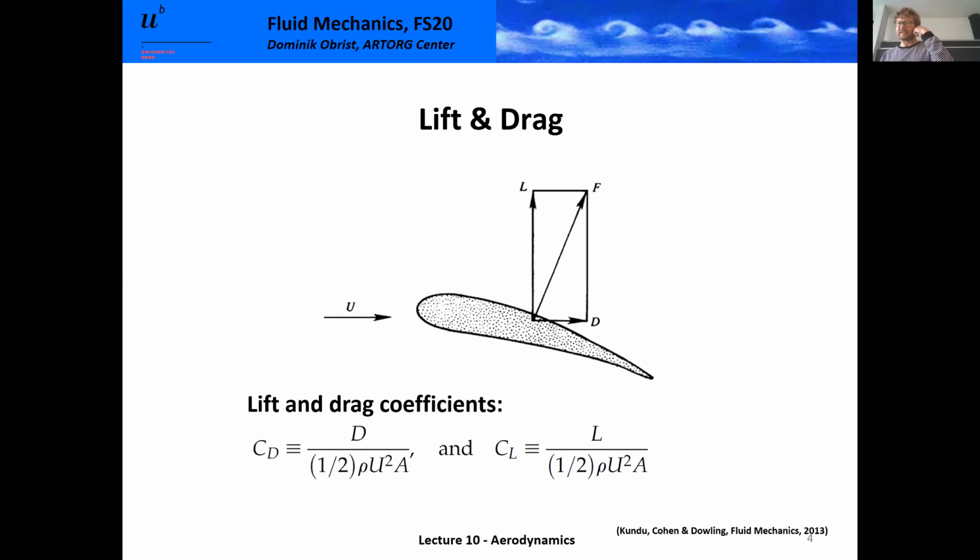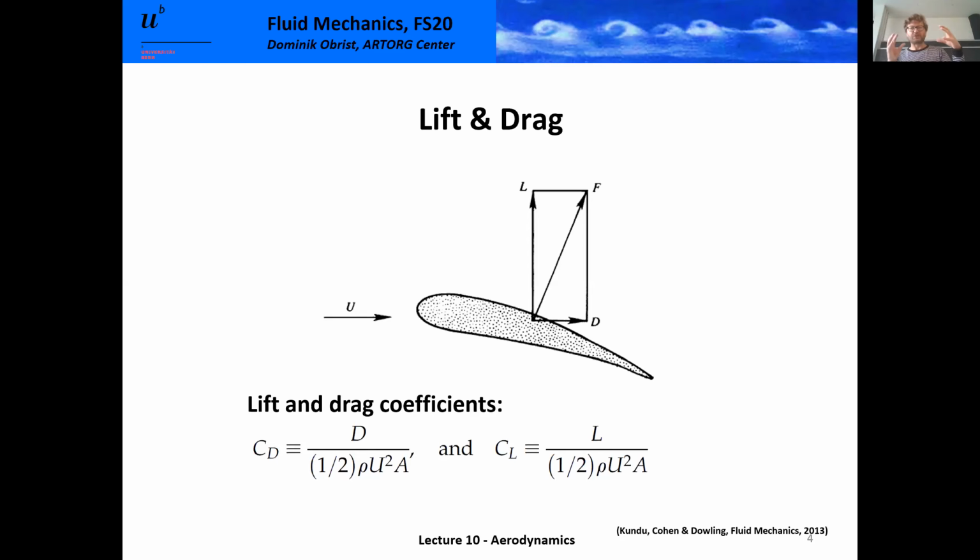And you can do the same story, of course, also for the lift, and you get the CL, a lift coefficient. And both coefficients are non-dimensional, but they're not constant. Both are functions of the Reynolds number. That was also a result that came out of Buckingham pi.